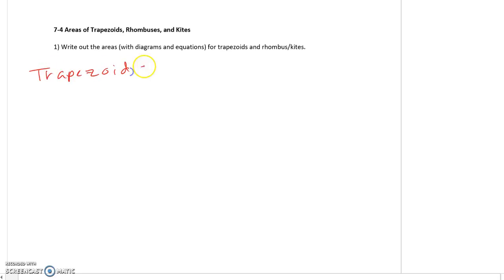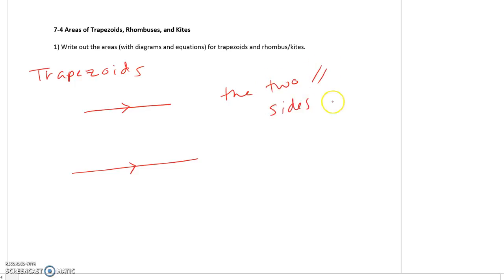Remember that trapezoids have one pair of parallel sides. It's really important to understand that the two parallel sides are called bases.